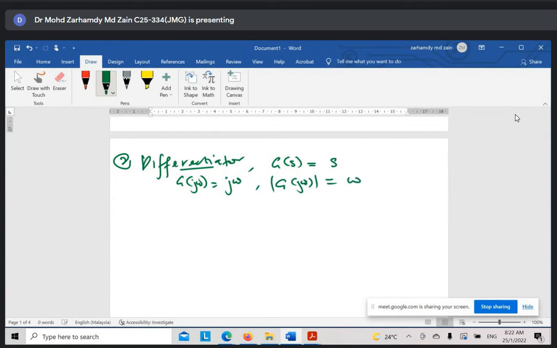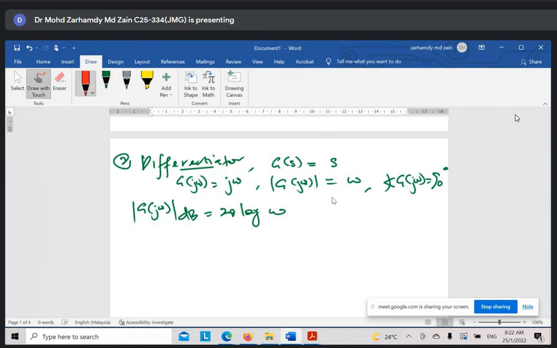For the phase of this, it is 90, right? So based on the Bode diagram, we need to involve the decibel. So we have decibel, and we have 20 log omega. So this is the concept of differentiation.